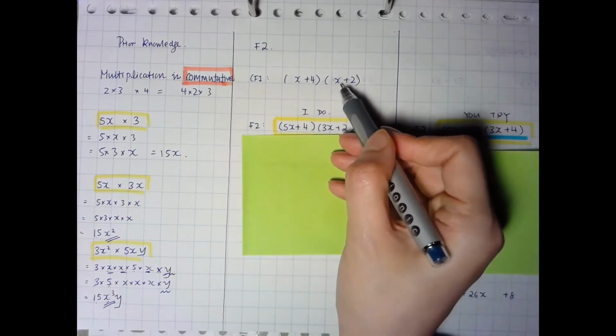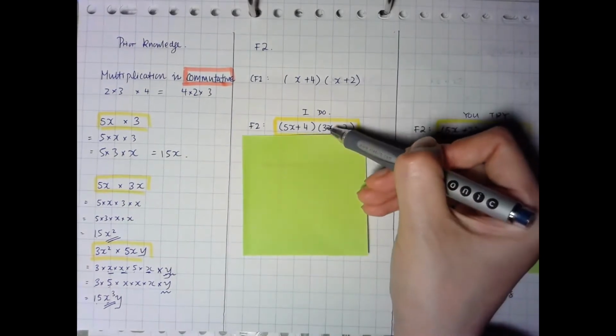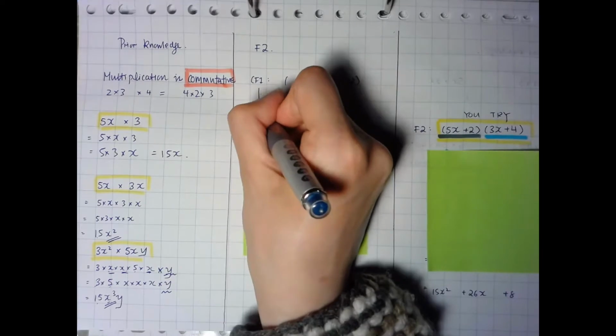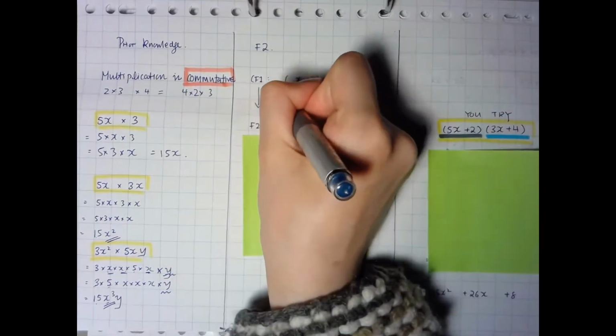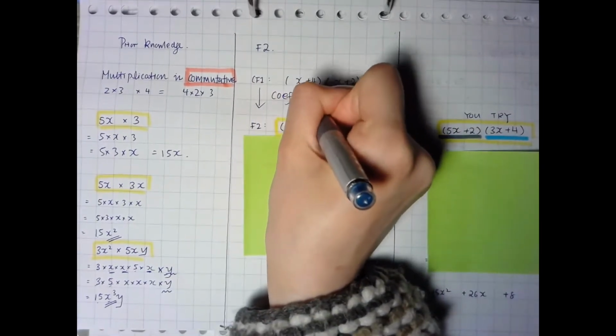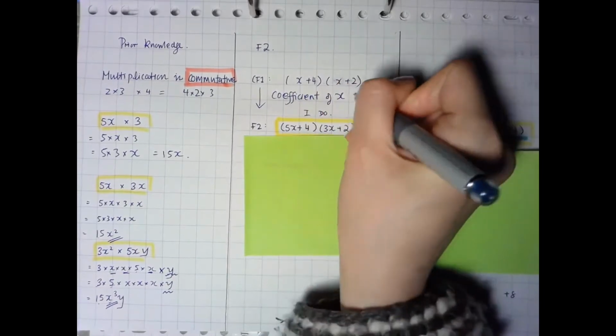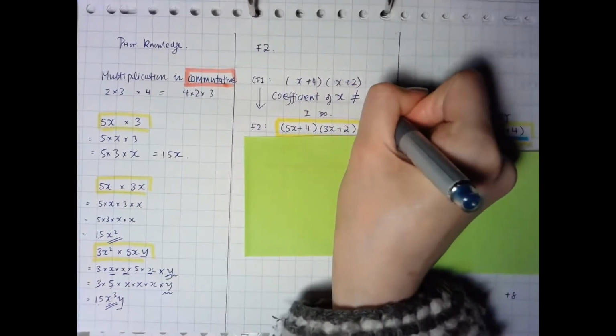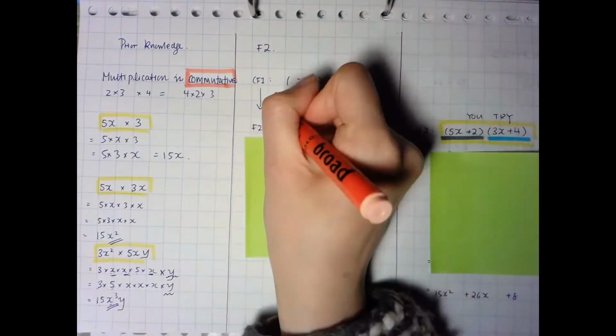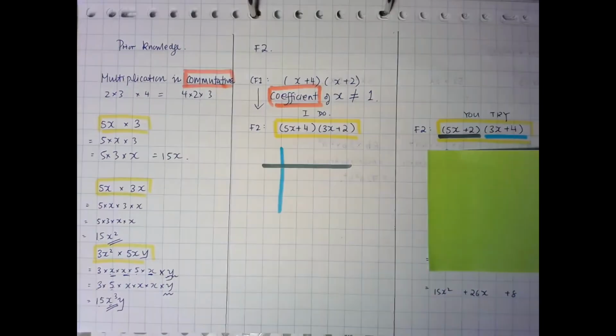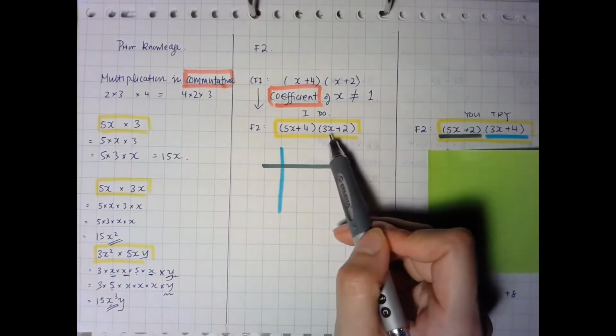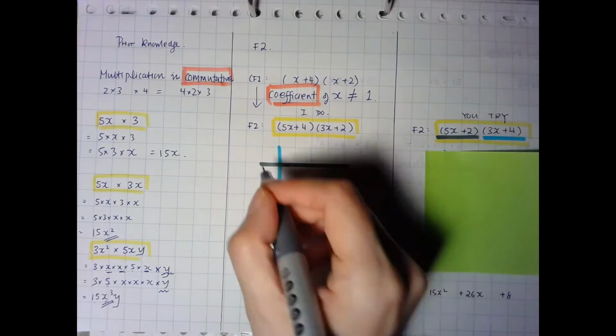The coefficient in front of x changed from 1 to 3. So from F1 to F2, the coefficient, another key word, of x is no longer 1. It's not equal to 1. It's still just expanding double brackets, so we're still just multiplying.